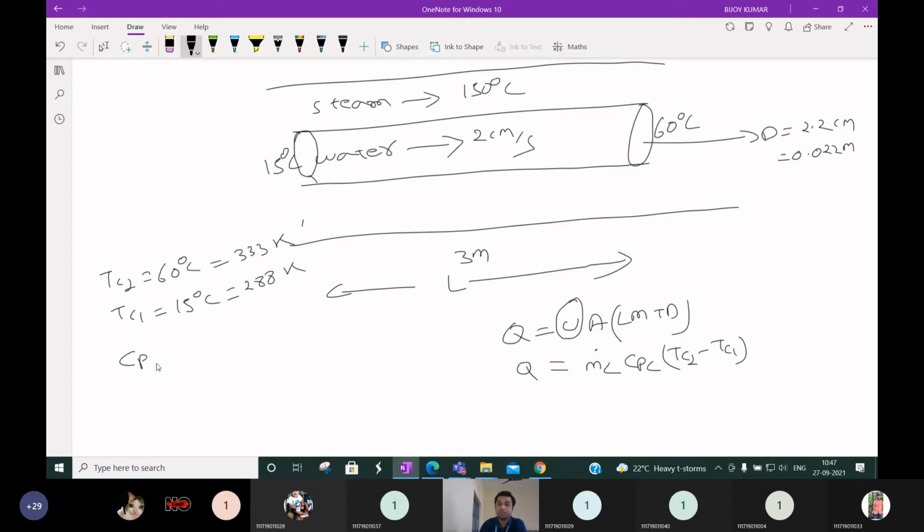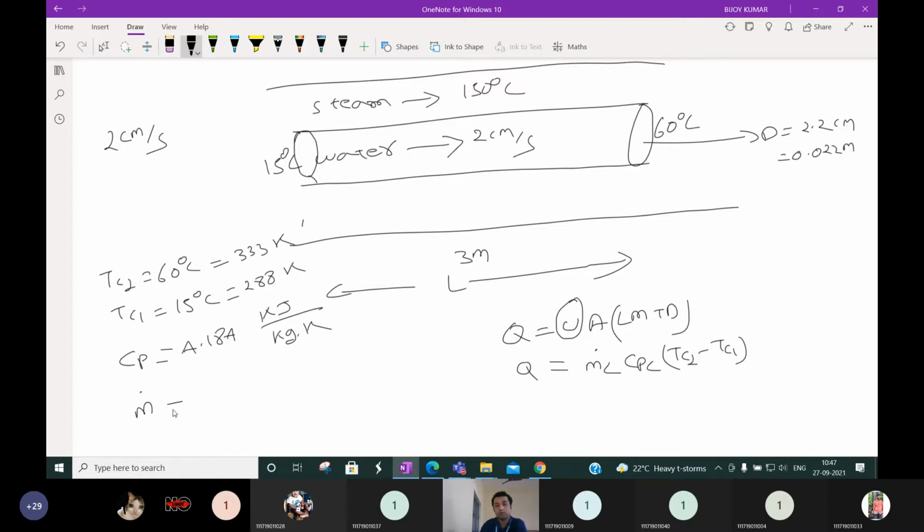Cp for water, we know that it is 4.184 kilojoule per kg Kelvin. Okay. Then the mass flow rate. What do we have? The water flow velocity is given as 2 centimeter per second, and we require the mass flow rate.